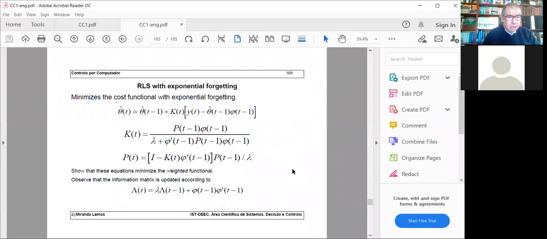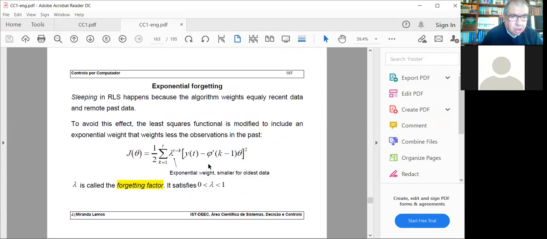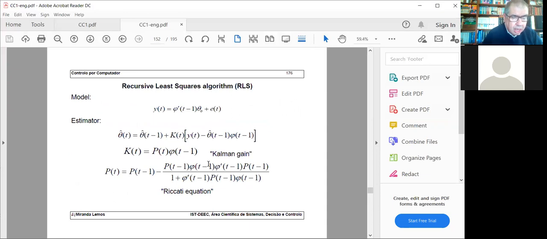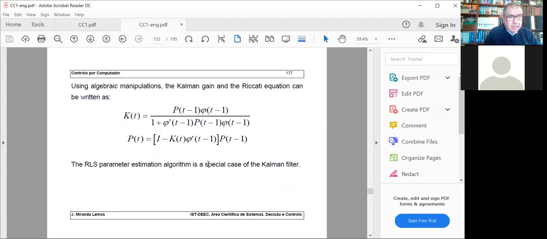Now, what is the algorithm? The algorithm is very simple. So these are the new equations. And in the standard least squares, you had here 1 instead of lambda. And now you divide p by lambda. Remember that when I deduced the algorithm, this was one of the forms of the algorithm, and this was another form that was equivalent.